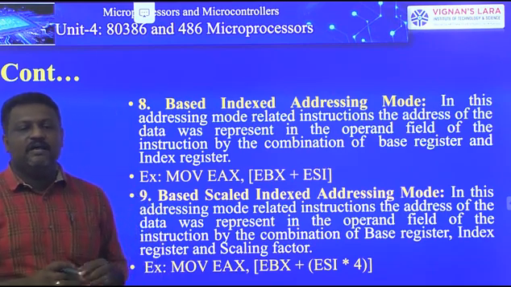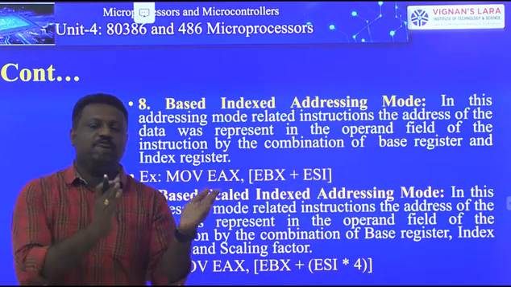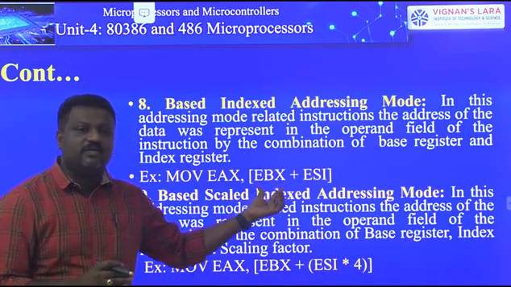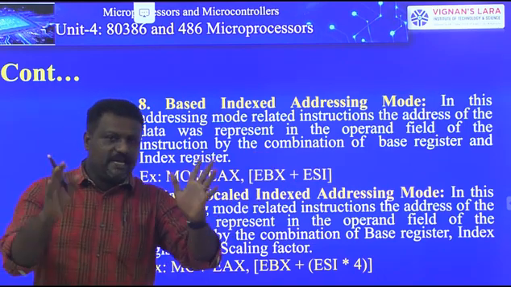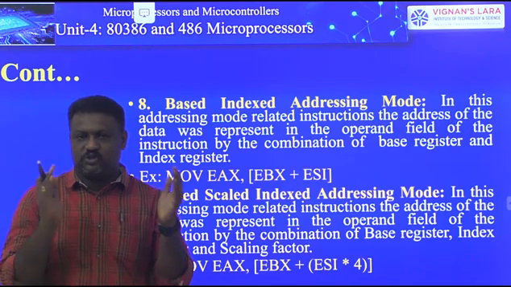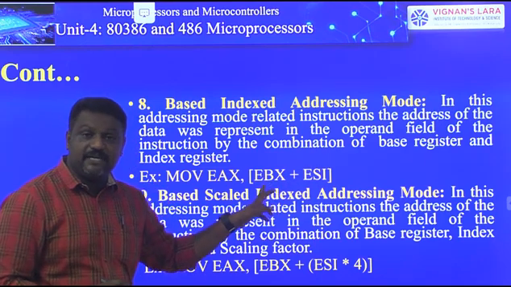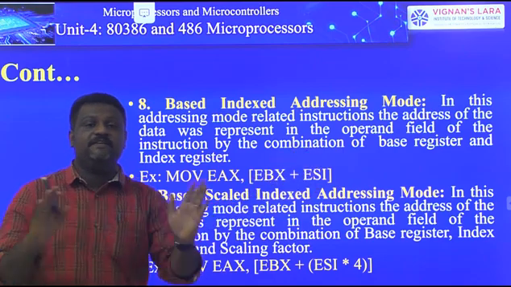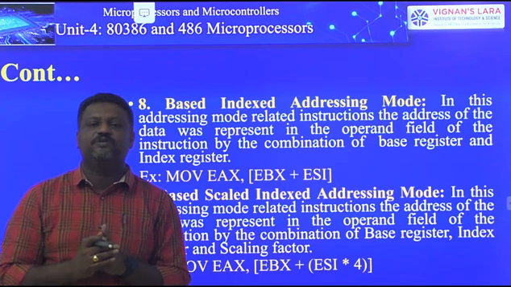That means here the offset address of your source can be split into two partitions. One partition can be held in the BX register and another partition in ESI. In order to calculate the final effective address of our source, what we have to do is add the BX value with ESI, then we get a final offset address that we consider as the effective address of your data.